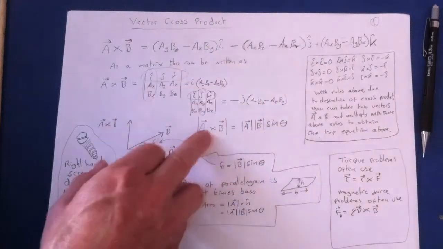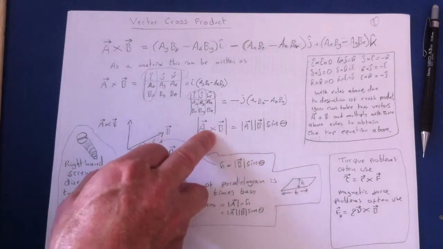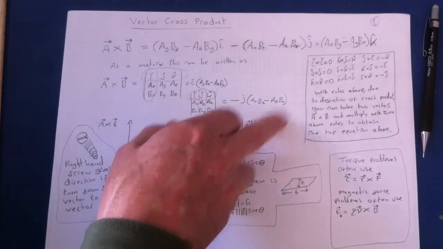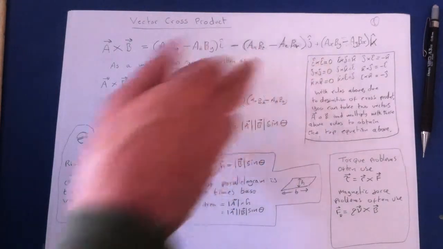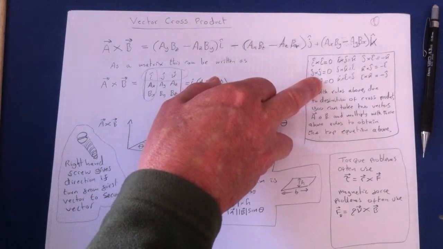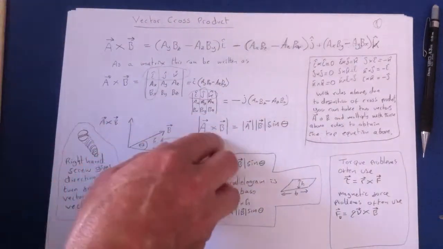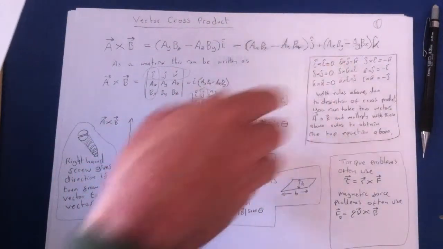Unit vector crossed with unit vector, so I cross with I. Now you know that the angle between them is 0, so sine theta is 0, yeah? So I cross I gives 0, and J cross J gives 0, and K cross K gives 0. But I cross J gives K, okay?